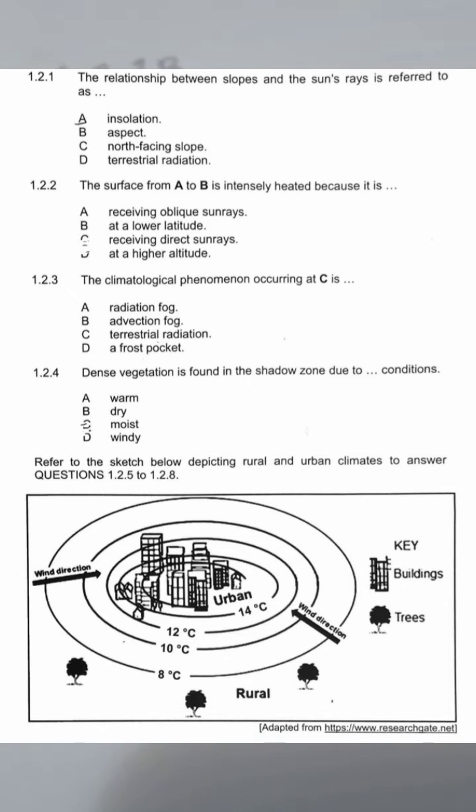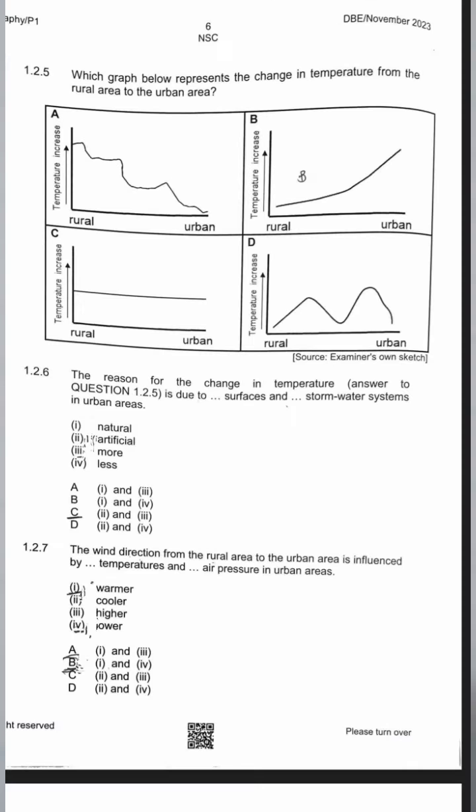Okay, so let's look at 1.2.5. Looking at 1.2.5, we have 4 graphs here: A, B, C, and D. So the question is, which graph below represents a change in the temperature from rural areas to urban area?